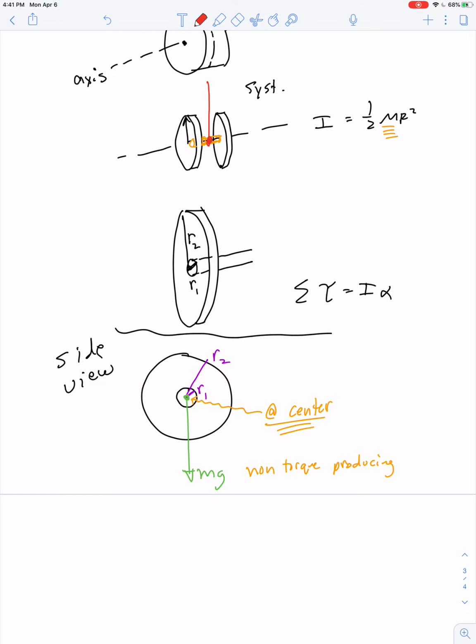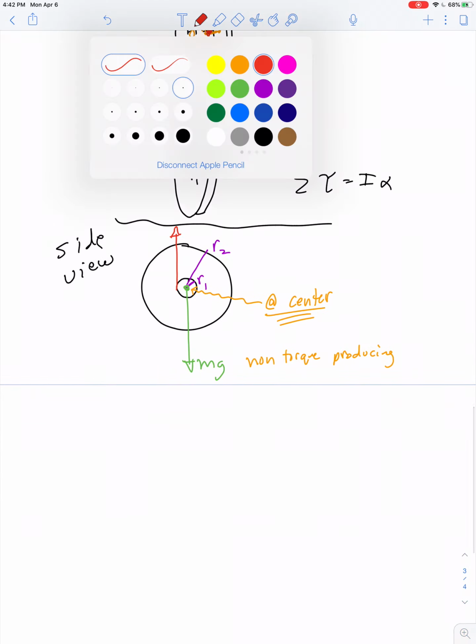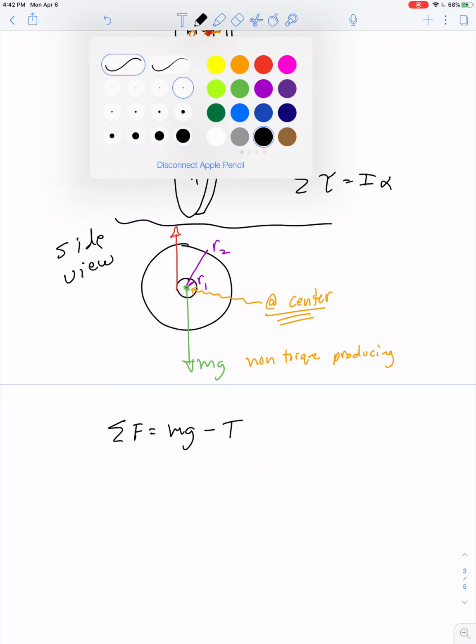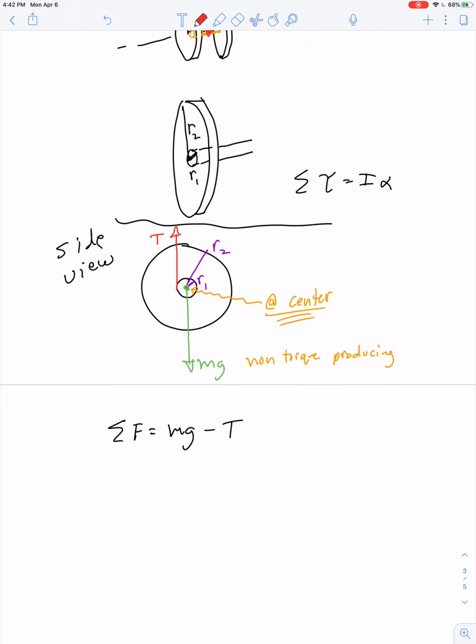Now we imagine the string attached at a smaller radius, r1. Okay, so nearly the same solution. We have a net force equal to mg minus t, and we have a net torque equal to, this is the only torque producing force, so the torque is the amount of force times the lever arm.